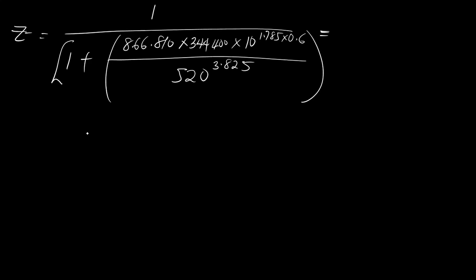So what we have is 0.874. The former Z was 0.873. So I don't see any difference here.